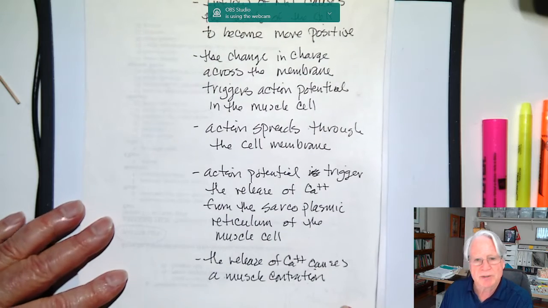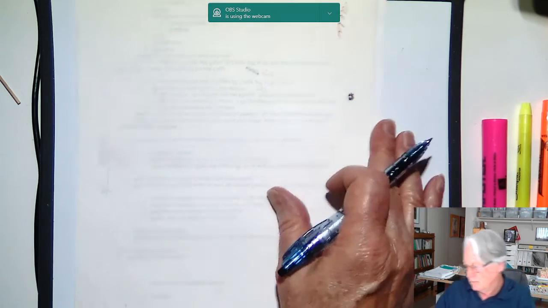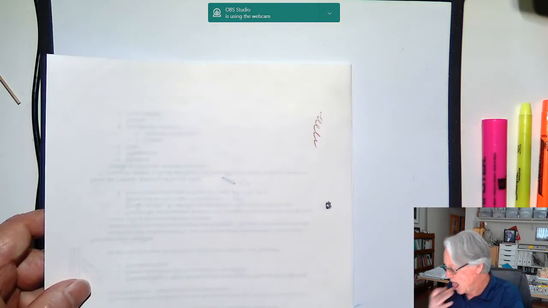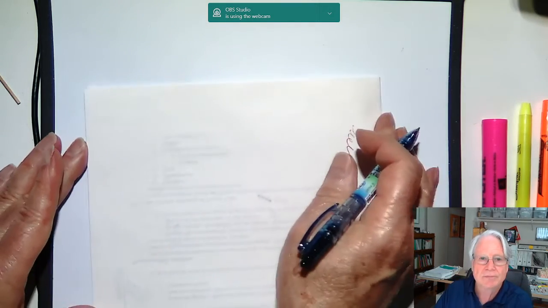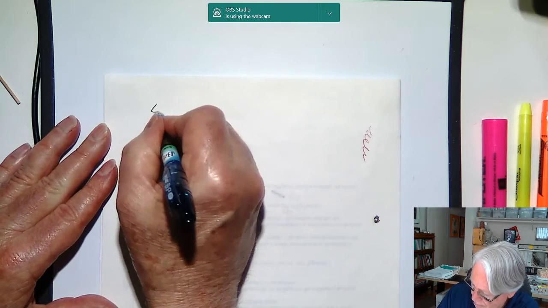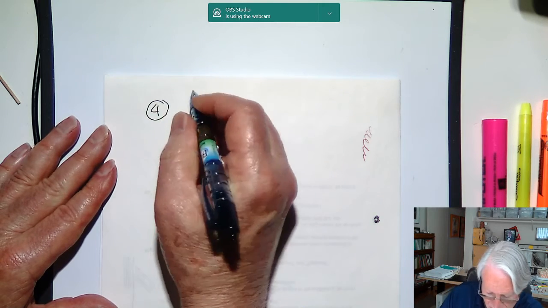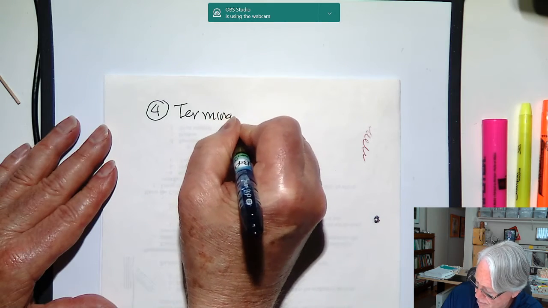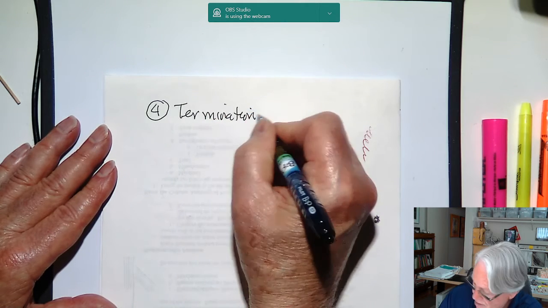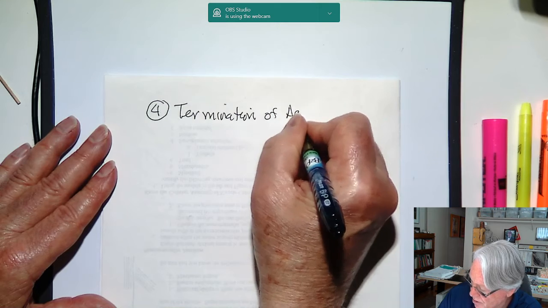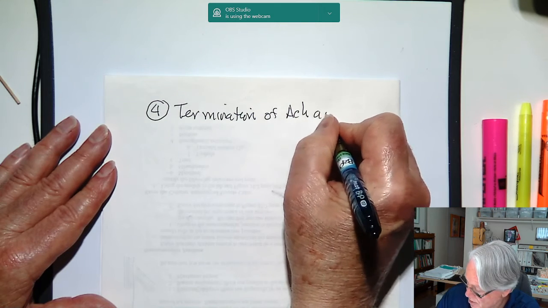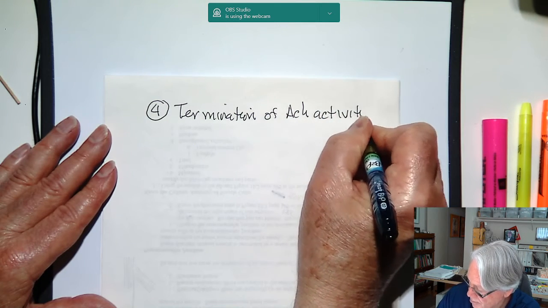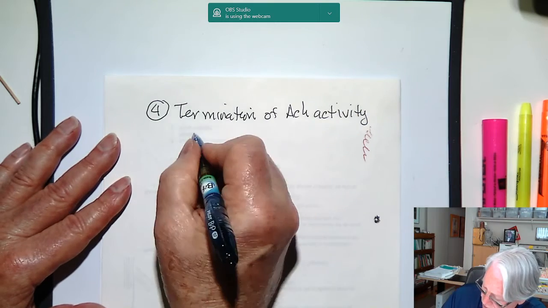Step number 4. Termination of acetylcholine activity. Okay.